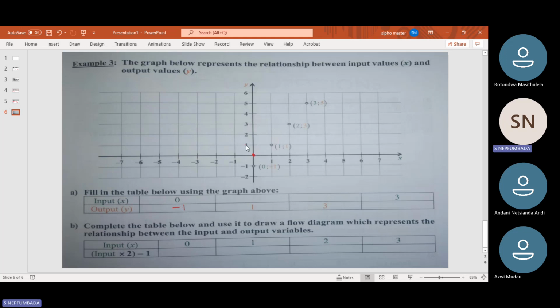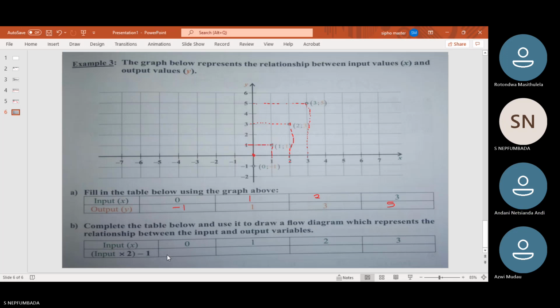When x is 2, y is 3. When x is 3, y is 5. Is it difficult?